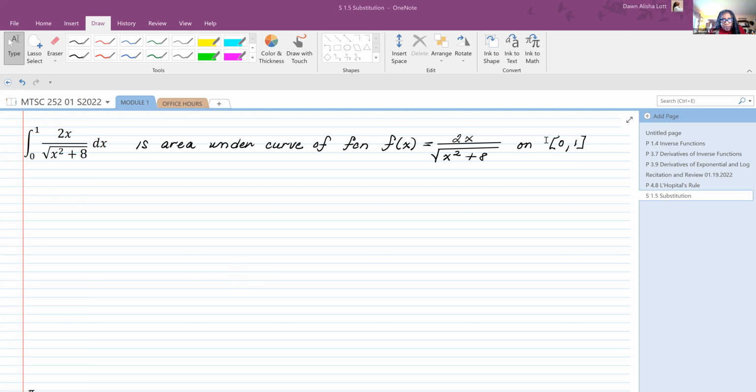Okay, that won't graph it for me. Okay, so that's some function. It's pretty linear actually. So whatever the function is between 0 and 1, it's the area under the curve of that function. That's what definite integrals represent.